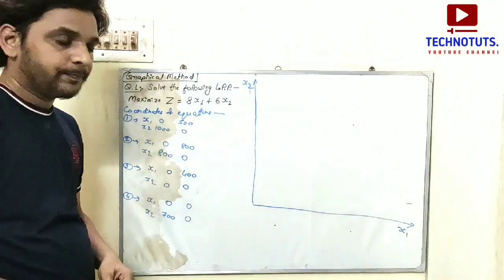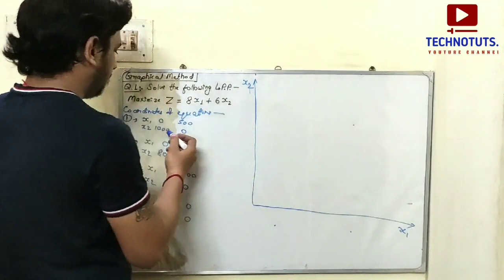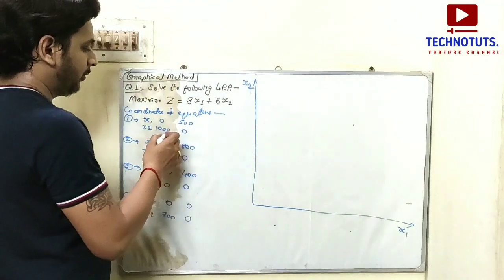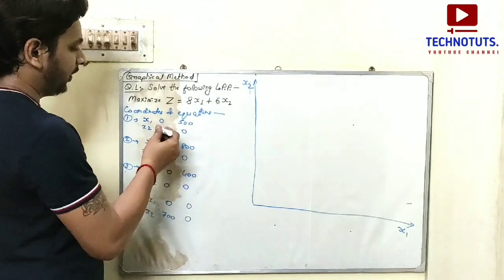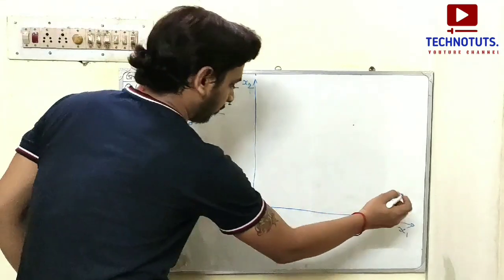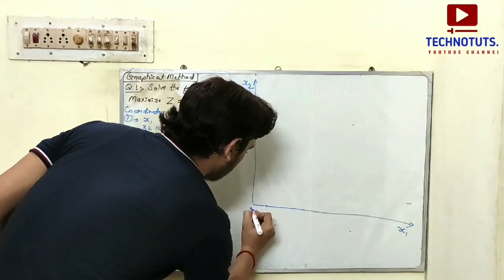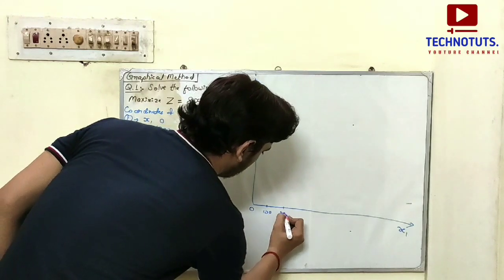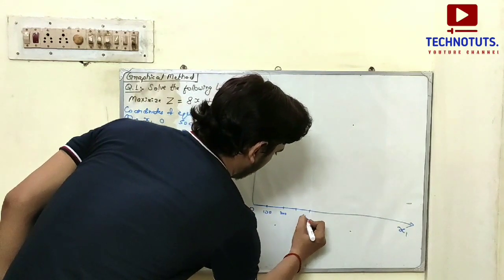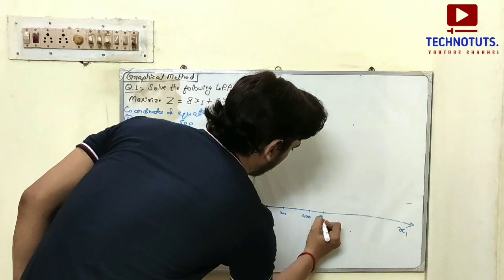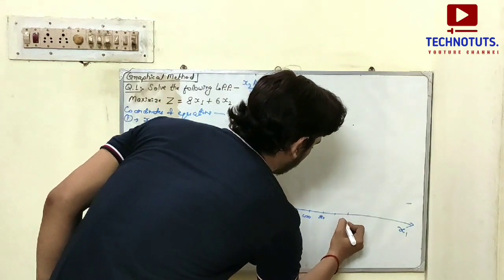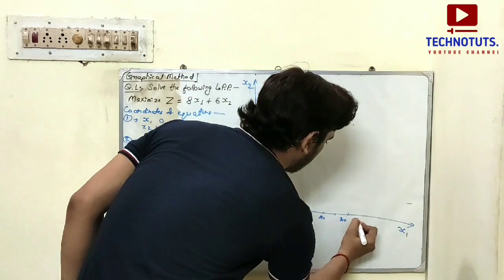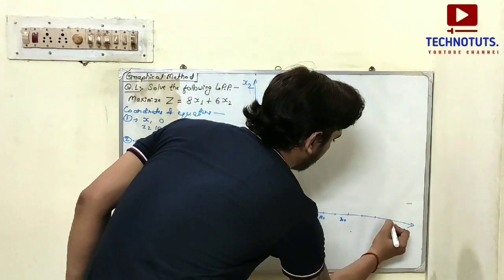Okay friends, now let us plot the graph for equation number 1. So x1 is 0 and x2 is 1000. Let us mark the scale on the x axis: 0, 100, 200, 300, 400, 500, 600, 700, 800, 900, 1000.